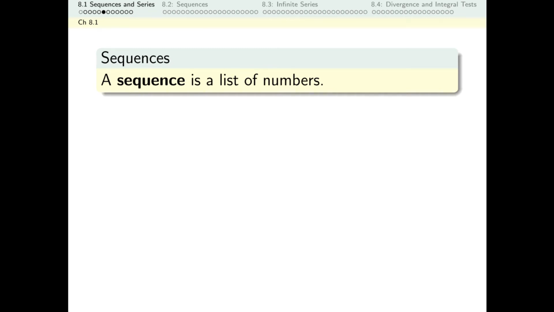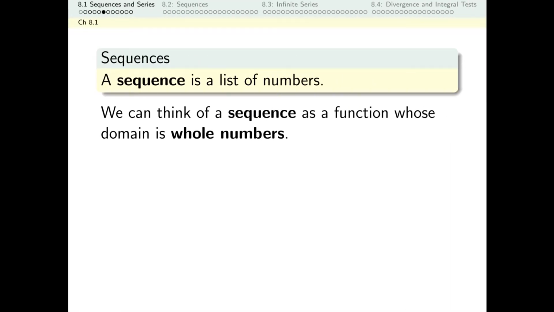Now that we have an idea what sequences and series are, let's talk about writing them down. One way to think about a sequence is as a function whose domain is whole numbers. For example, let's take the sequence that looks like 1, 1/2, 1/3, 1/4, etc. I can think of this as a function where my input is which ordinal this is.